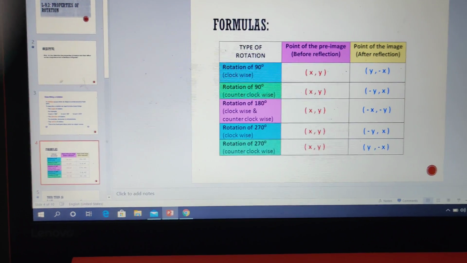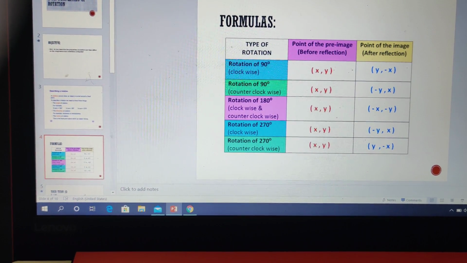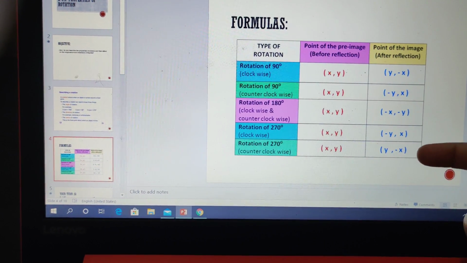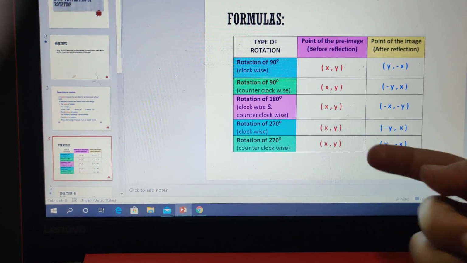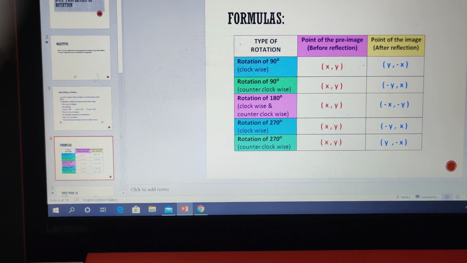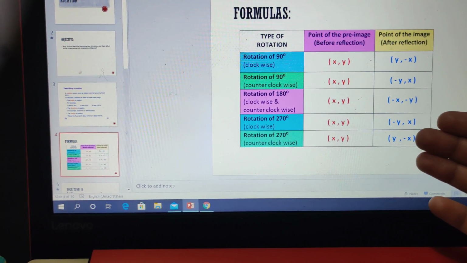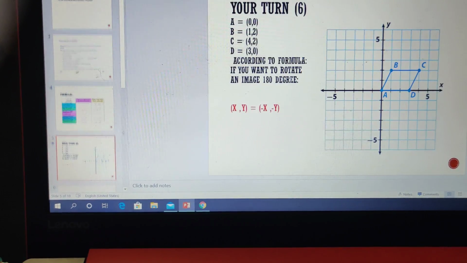If we have to rotate the image 270 degrees but anti-clockwise, then the x coordinate will be negative. Now when we have x and y coordinates for the image, we have to switch and make them according to the formulas. We use these formulas and we will get our rotation image.